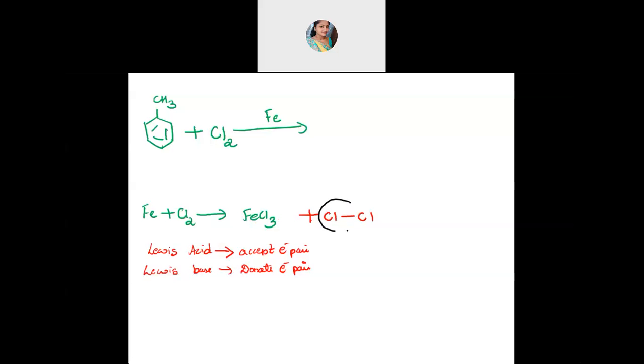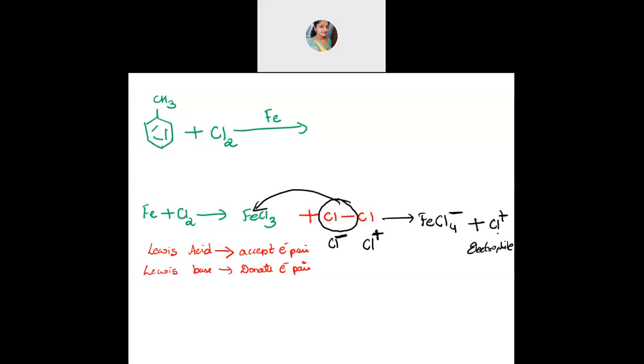FeCl3, a neutral molecule, will combine with this whole Cl minus, minus because along with the bond it is taken. This chlorine will be losing that electron, so it will carry a positive charge. So it gives rise to FeCl4 minus, plus Cl plus will be generated, which is your electrophile.